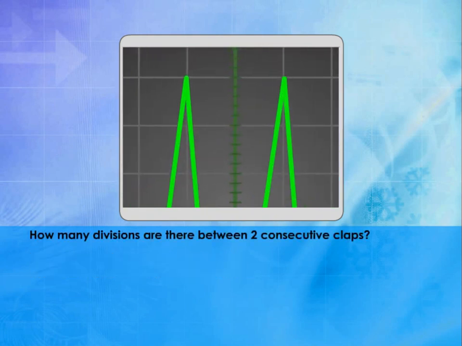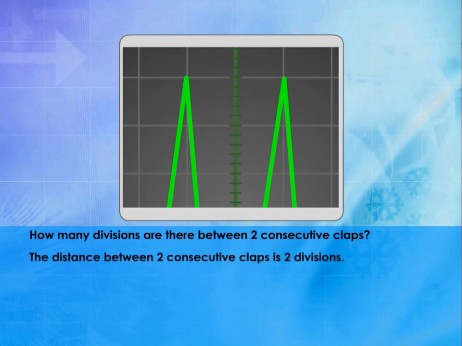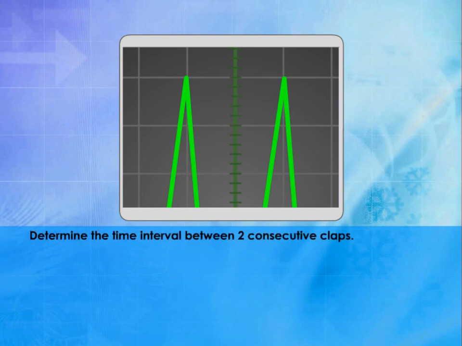How many divisions are there between two consecutive claps? The distance between two consecutive claps is 2 divisions. Determine the time interval between two consecutive claps.